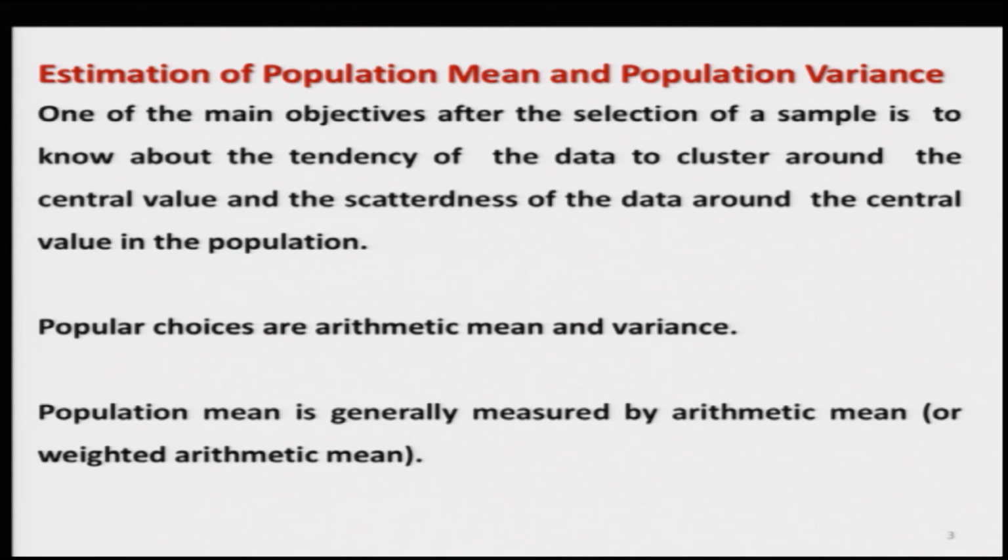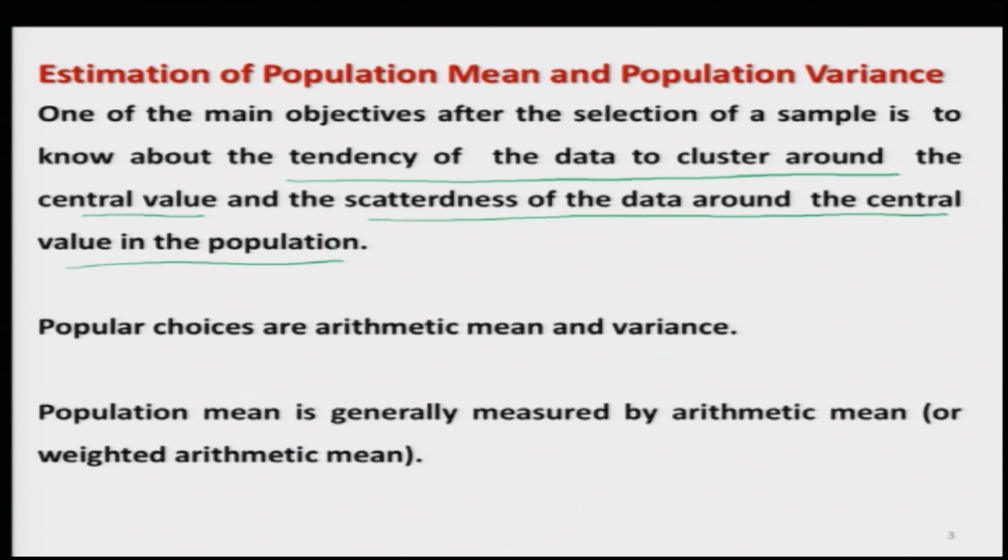Right. Okay. So, as we have discussed that one of the main objectives after the selection of the random sample is to know about the tendency of the data to cluster around the central value and the scatteredness of the data around the central value, but that we want to know in the population. What does this mean? For example, if my data is here like this, then we can see this is the point where most of the values are concentrated, and this distance from the central value to this individual point is giving us an idea about the spread or the scatteredness of the data.